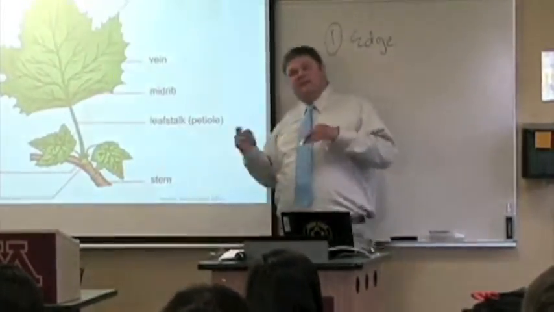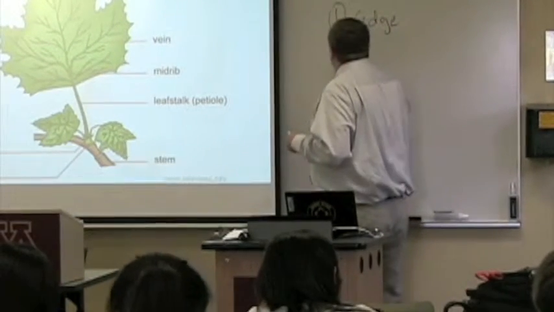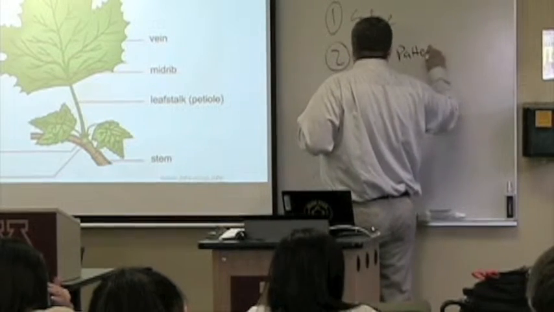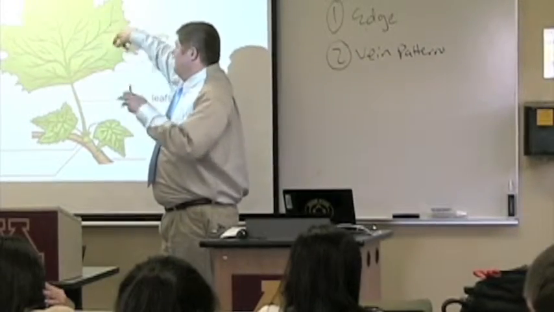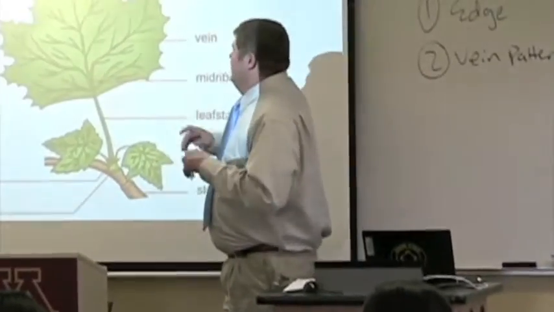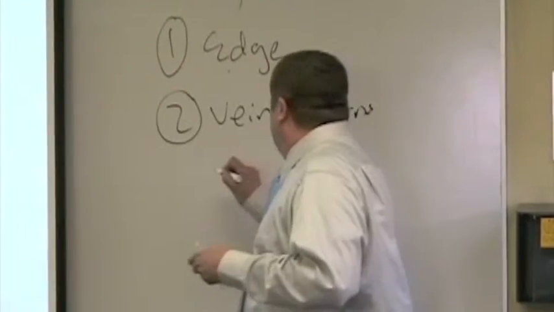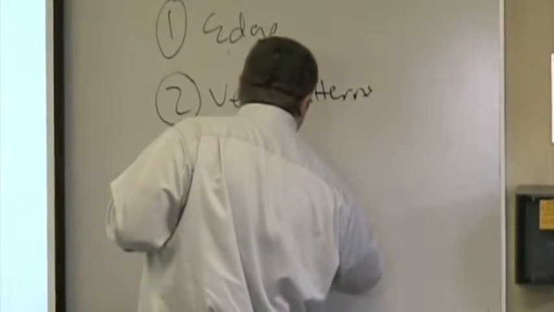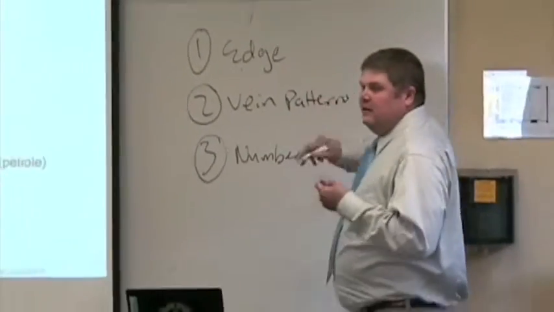And on some leaves, it's just going to be flat and smooth. 2, the vein patterns, and those can differ wildly among leaves. This is just an example of how this one is. And 3, it's going to be the number of blades on the leaf. I'd like you guys to write that down in your notes.